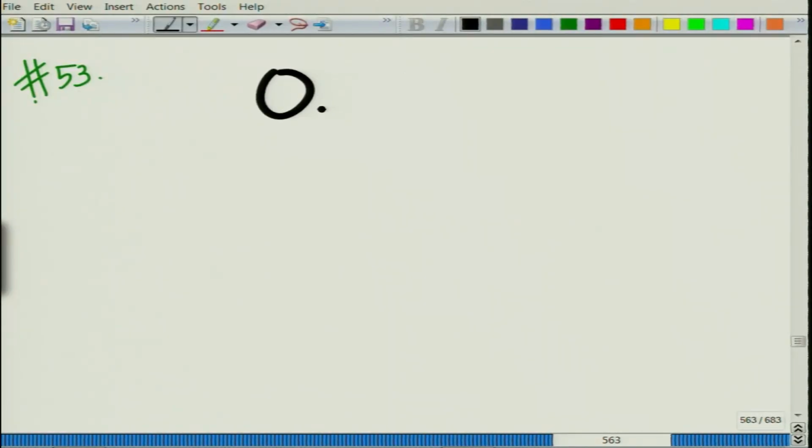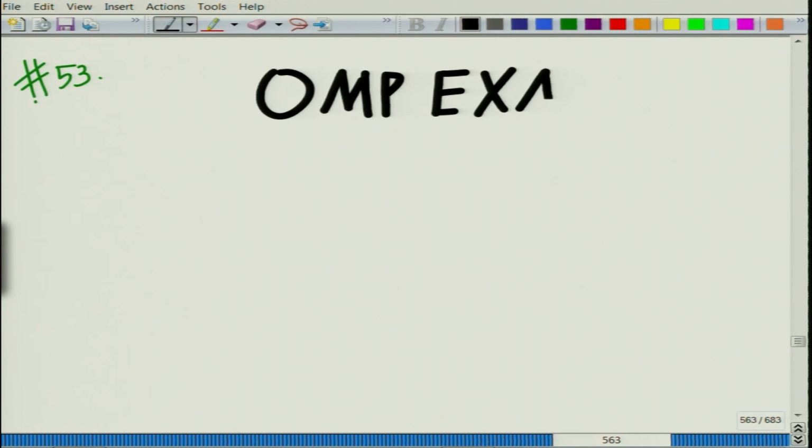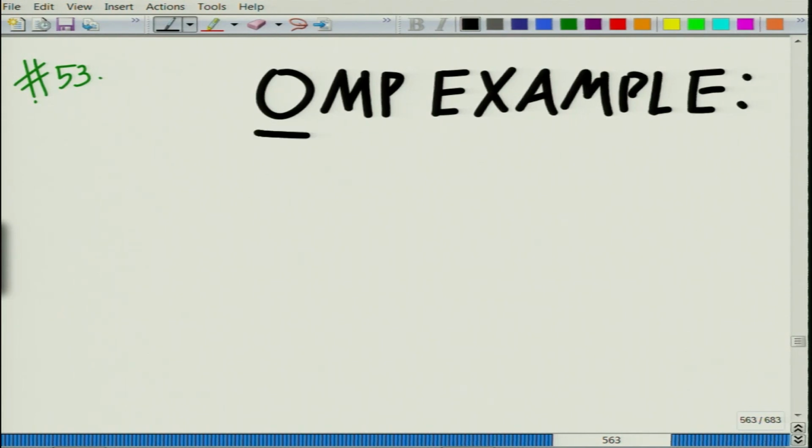All right. So, we have seen the OMP. Now let us look at an example to understand this better.